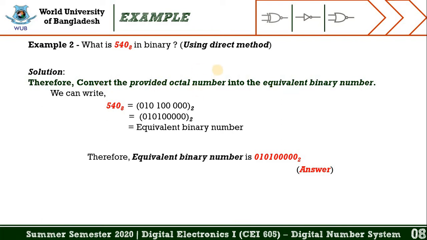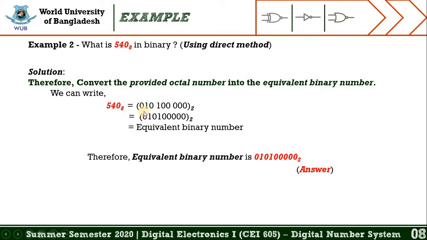Let's begin with the question, which asks: what is the octal number 540 in binary? So we need to convert the octal number into binary. Let's start with the solution. Convert the provided octal number into the equivalent binary number. We can write 540 base 8 equals, as we have already seen in the conversion table in the previous slide, which represents octal to binary.